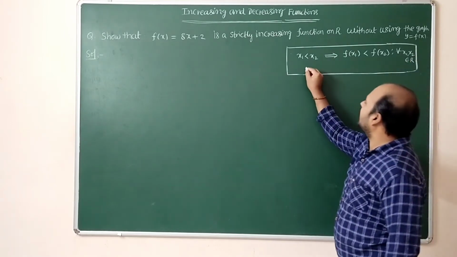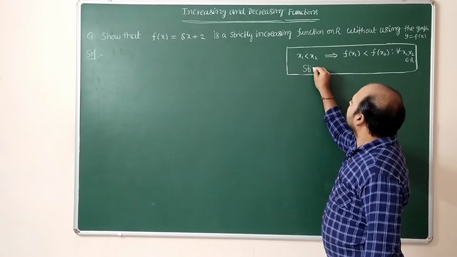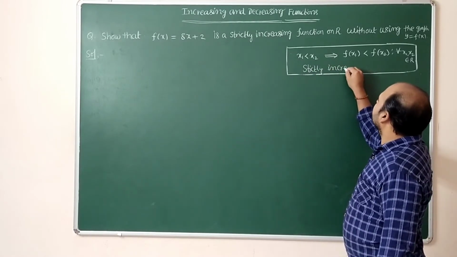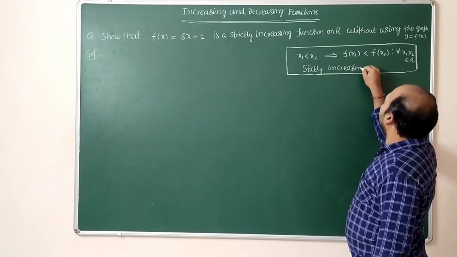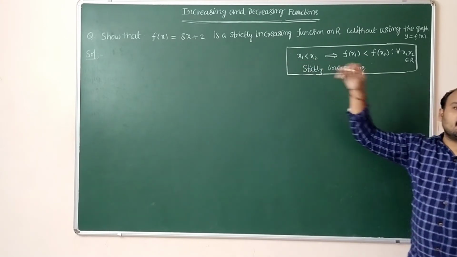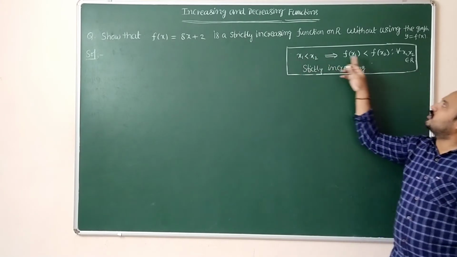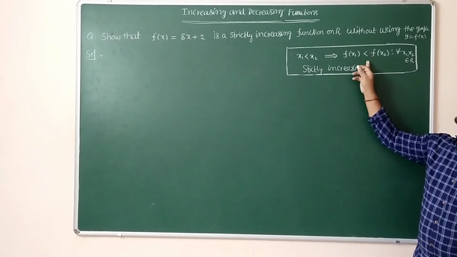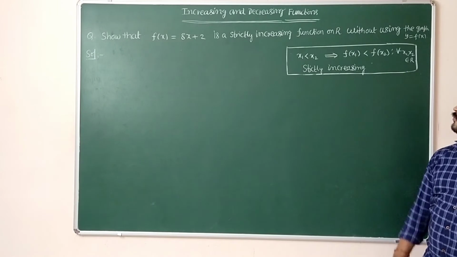This is called strictly increasing. Simply to prove the given function is strictly increasing, you have to prove this result. x1 is less than x2 implies f of x1 is less than f of x2.